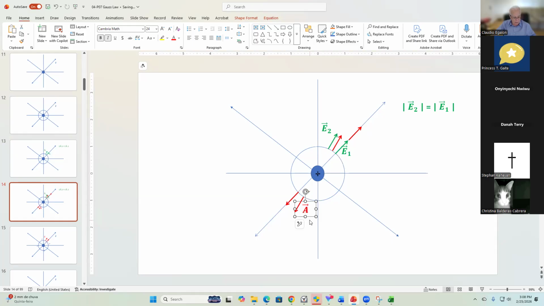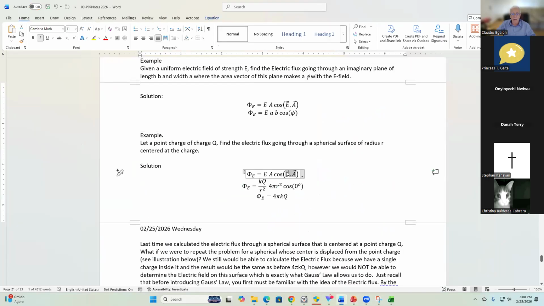Similarly, at this point right in here, the area vector will also point in the same direction as the electric field. They don't necessarily have the same lengths, because those are two different quantities. And because the area vector and the electric field point exactly in the same direction, the angle between those vectors is 0 degrees.